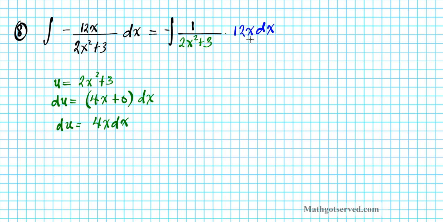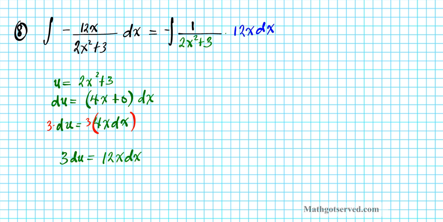Du is 4x dx, and we have 12x dx here. So how do we make the right side equal to 12x dx? To accomplish that, we'll just multiply both sides by 3, because 3 times 4 is 12. Okay, so 3 du is equal to 12x dx. That's exactly what we want.